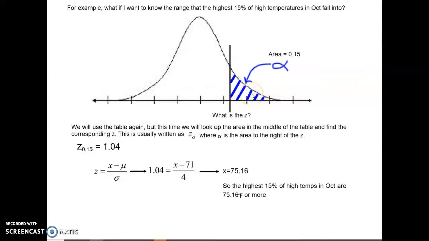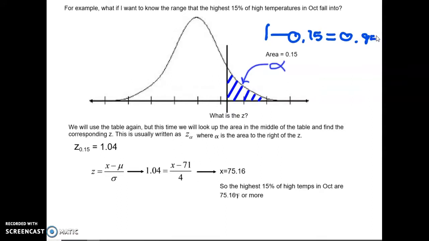Given that that is the top 15%, we say to ourselves, okay, then what is this area? Since we know the entire curve adds up to 1, we can do 1 minus 0.15, which is going to leave us with this other blank area being 0.85.